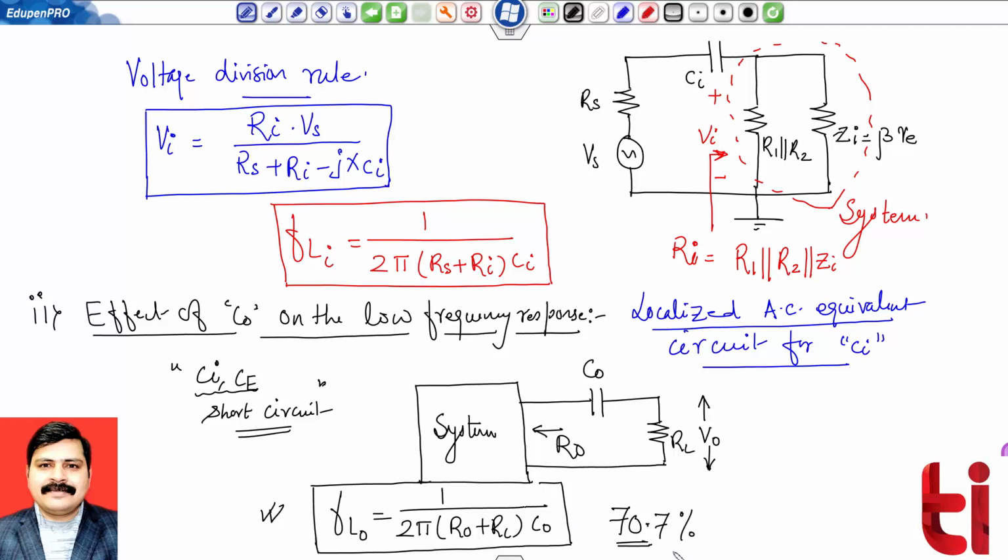Under this situation, let me draw the localized AC equivalent circuit for the common emitter configuration.